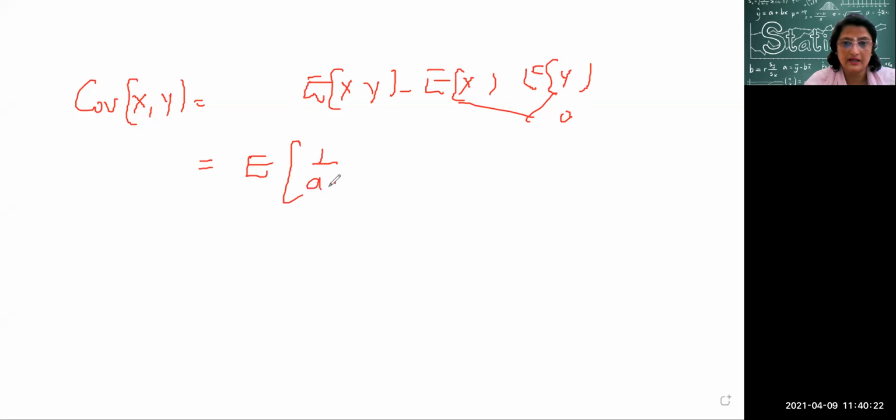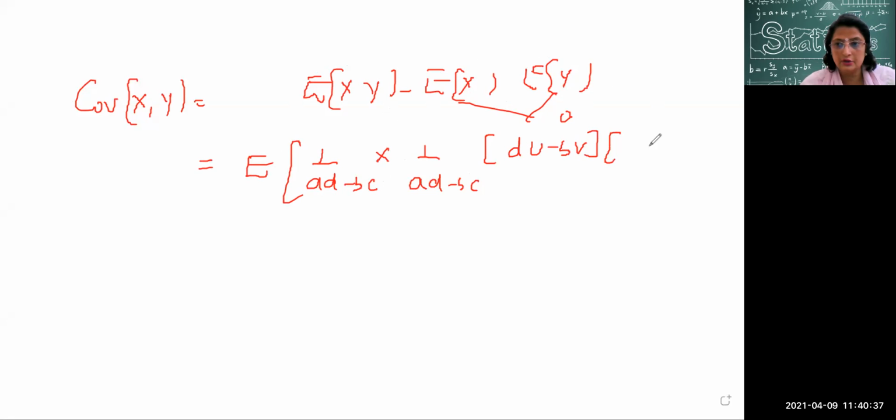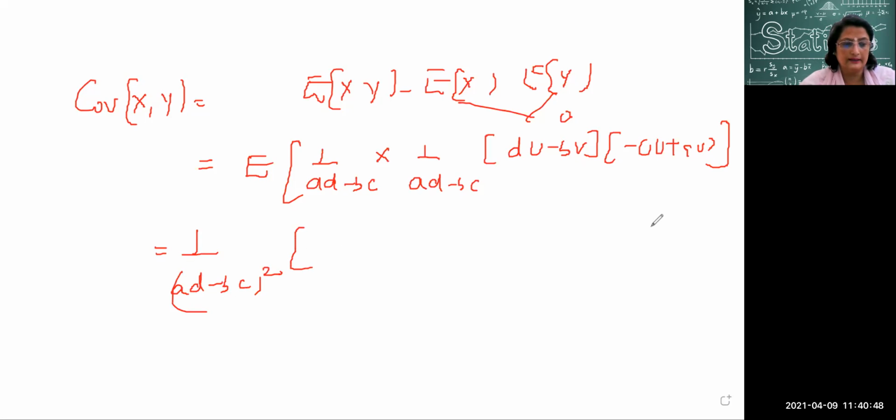This is 1 by (ad minus bc) into (du minus bv), and here is (minus cu plus av), right? In the expectation, the scalar (ad minus bc) square comes out. So you will multiply this, do the expectation, then we will put all the values.